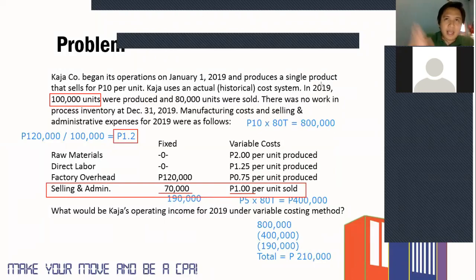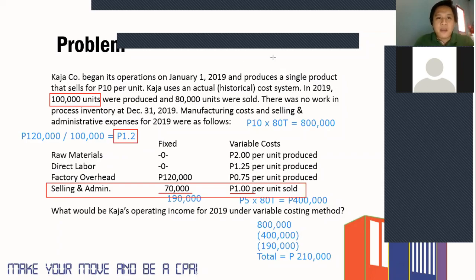So, ibig sabihin, may timing difference. When we talk about absorption costing, ang ma-recognize lang natin na factory overhead would be kung ilan yung nabenta. Then, yung 20,000 na remaining, the fixed factory overhead would be recognized next period kung kailan mabebenta yung remaining 20,000 units.